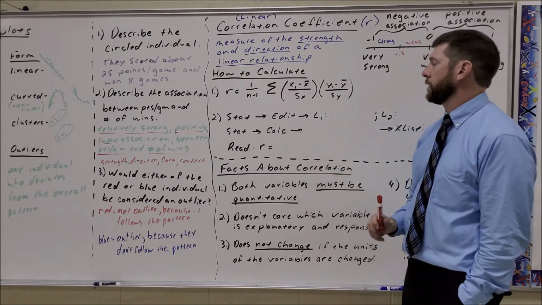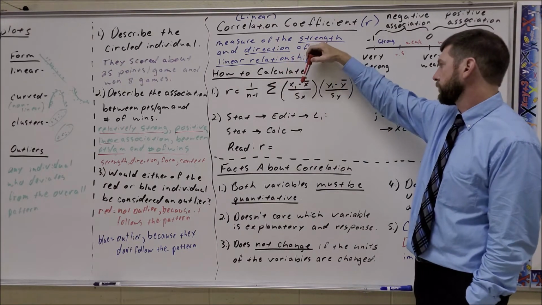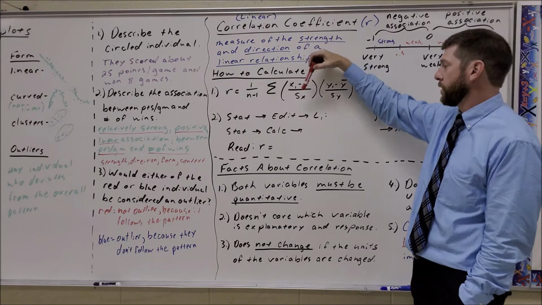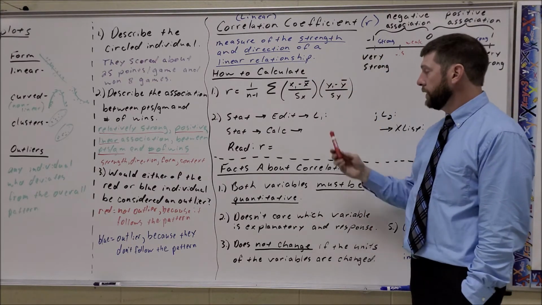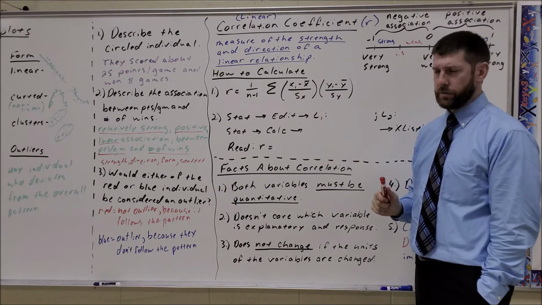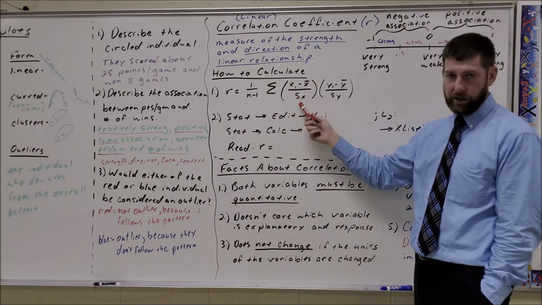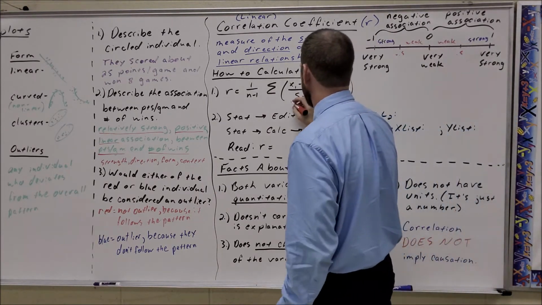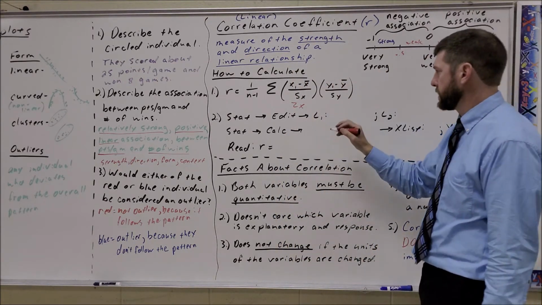Okay, so 1 over n minus 1 times the sum of x1 minus x bar over sx and y1 minus y bar over sy. Now this should look familiar to us, because we've been working with taking a value, subtracting its mean, and dividing by its standard deviation. That's nothing more than the z-score of x. And this is nothing more than the z-score of y.